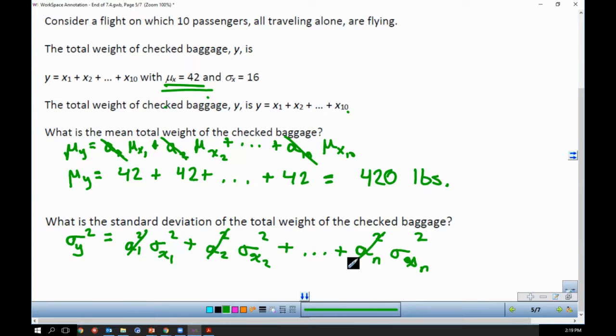Okay, so what is the standard deviation for bag 1? 16. So I'm going to do 16 squared, because first I've got to get my variance. So 16 squared plus the standard deviation of bag 2 is also 16, so we've got to square it, plus dot dot dot, all the way to our 10th bag.